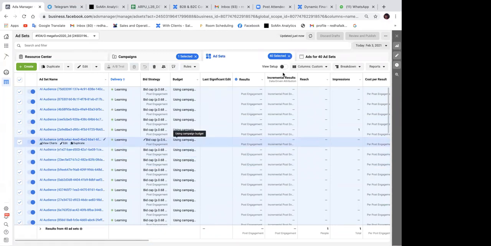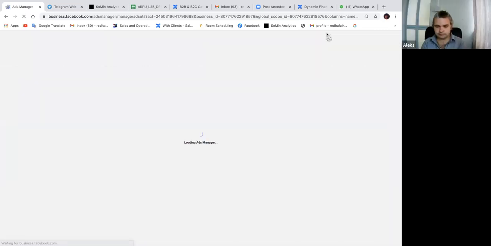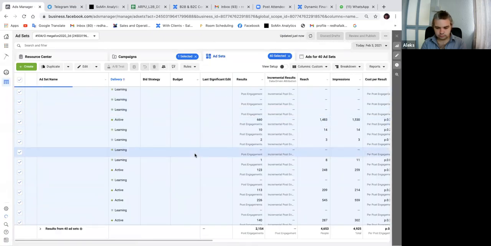Command Shift R. Always update your browser cache, because sometimes you might see previous results and get confused and start doing actions based on the previous results.